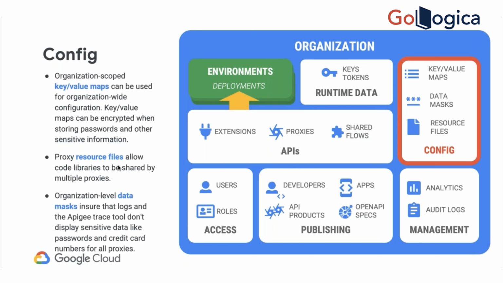So you can create a configuration on the organization: in any proxy, any environment in my organization, if this field comes up, it should not be shown in the trace or anywhere. So it will hide it, but internally it will have the value. In the programming, it will work as it is expected to work. But from the visibility point of view, it will not be visible to anyone who wants to check. We will check data masks later in detail when we cover the security part, how to create them and so on.